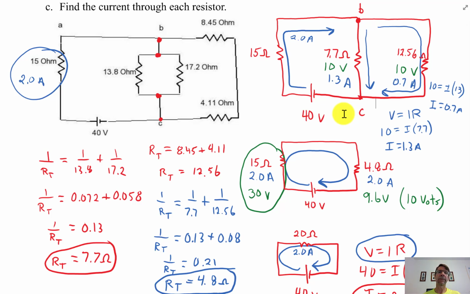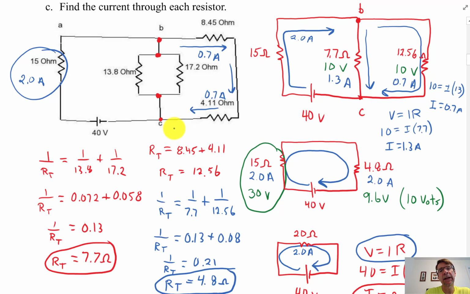Now, going backwards again. Actually, what I know here in this initial diagram is that there is 0.7 amps right here, and I know there's 0.7 amps here, and that's the same flow right here. It's the same flow in that branch.